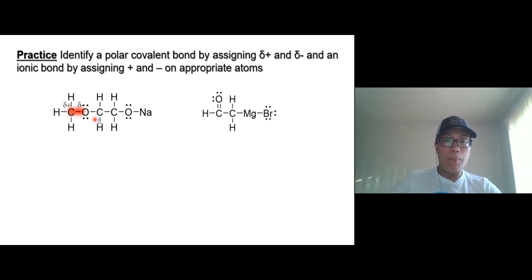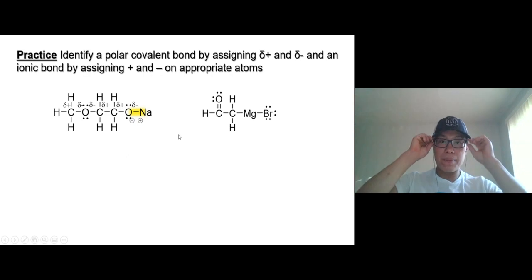Same thing with the CO bond on the right side, right there. Same thing, carbon partial positive, oxygen partial negative. Okay. CO bond right here, same thing, carbon partial positive, oxygen partial negative. Sodium and oxygen, on the other hand, that's a metal, non-metal. It's acceptable to treat this as an ionic bond, positive and negative, real charge in there, not partial.